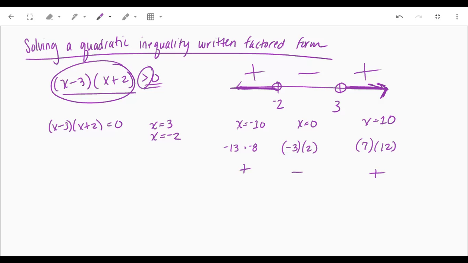If they ask you to write the inequality, I don't know that they're going to. Let me check the answer here. Yeah, they just have you graph these on a number line, so you don't have to worry about writing the answer. It would be x is less than -2, or x is greater than 3. Okay, but these solutions for this particular one, they just want the number line.